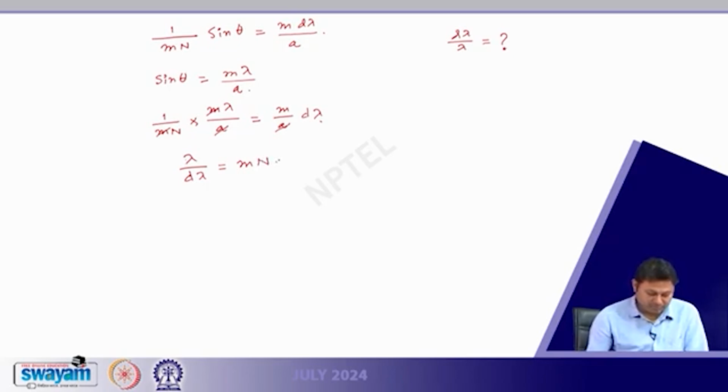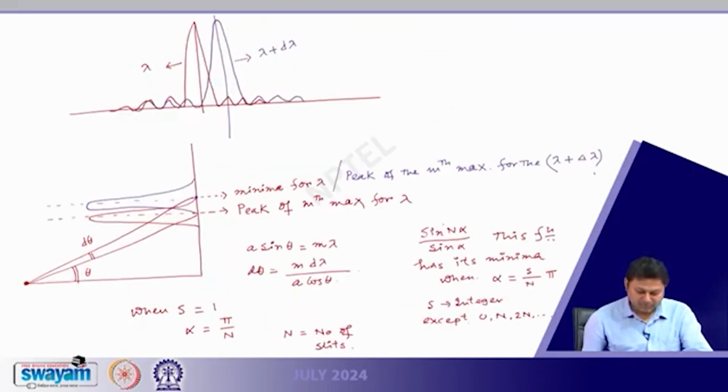Okay, that is what we are getting. Let me check once again. m n is lambda divided by d lambda. Yeah. So, this is the quantity we are looking for, and if I go back to our original thing.